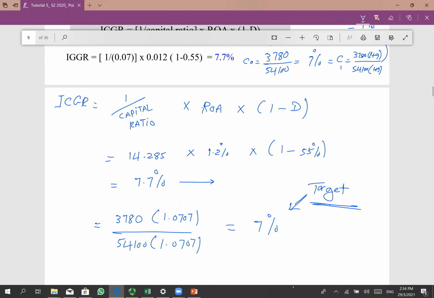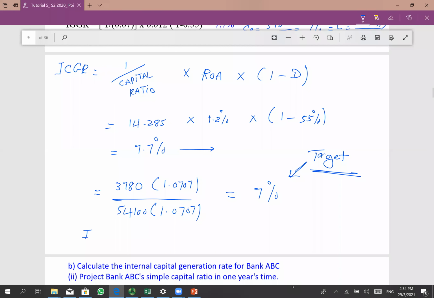So the bottom line of this model, ICGR, is: increase your capital with the same percentage increase, increase your assets, because we want to increase our asset and growth with the same percentage increase of your capital.